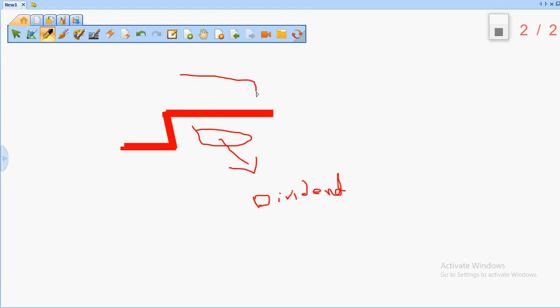And the number here is called the quotient. And here it is called the divisor.